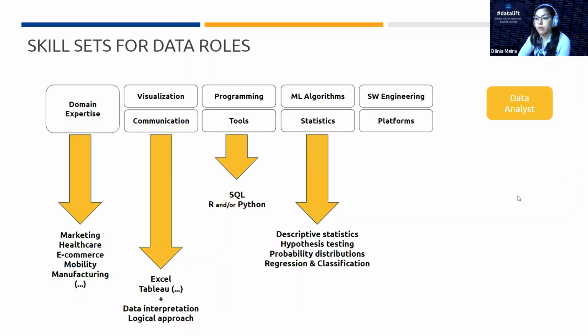I don't know, Tereza, from your perspective, if you have something to share regarding the data analyst skill set. I think we also read that some people get their first job as a data analyst and then move on to data science.